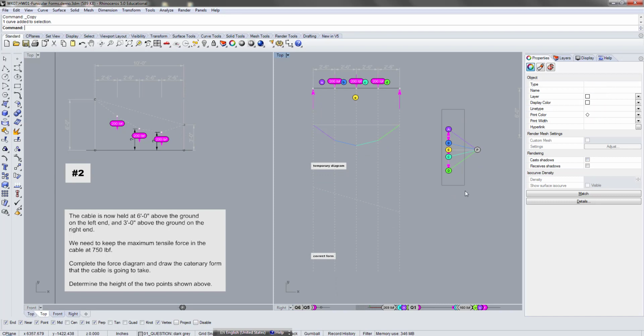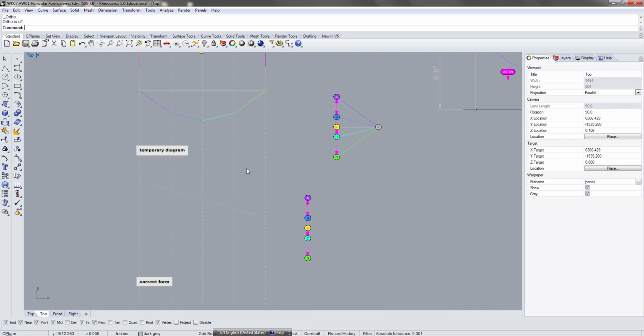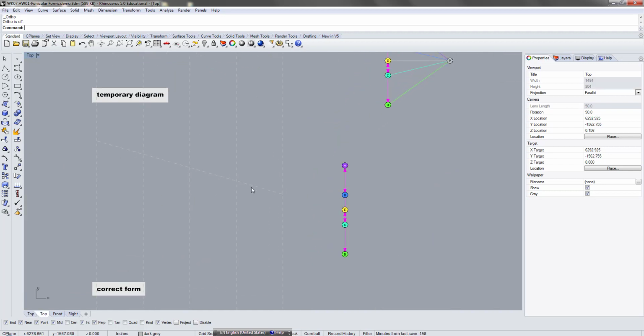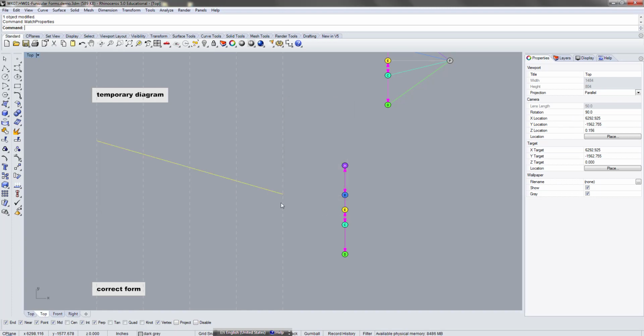So let me copy these forces down first. All right, so now that's the closing line, so that's what we know as this yellow line, so I'm going to copy that here.